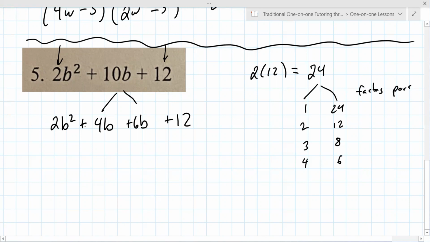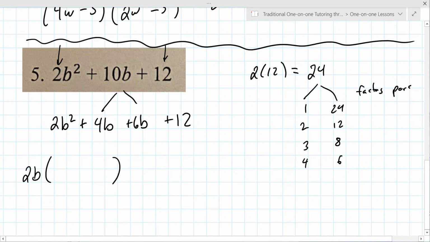Is there a number that goes into both? What number goes into both? And then what letter? 2 and then 2b. So what goes in parentheses here? What do you multiply 2b by?